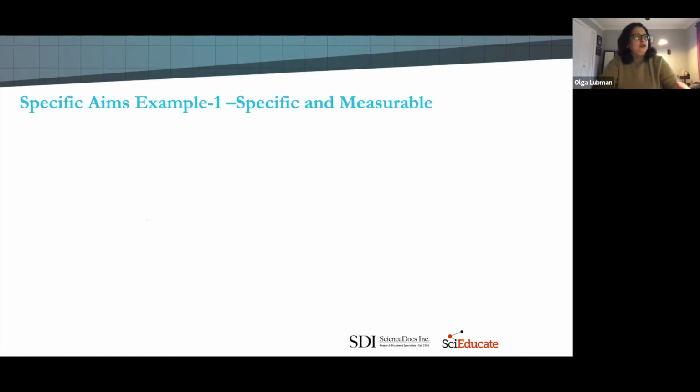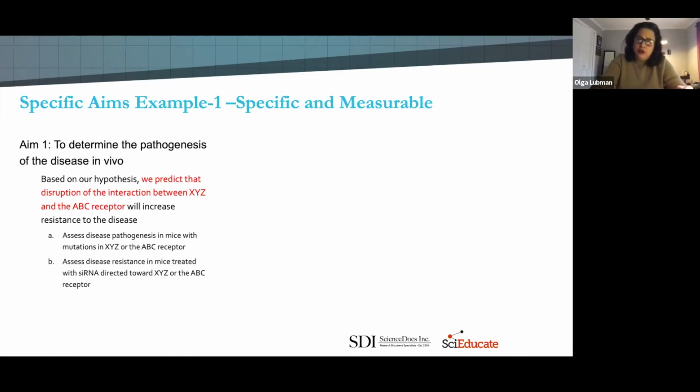So I'd like to give some examples of what I mean by specific and measurable specific aims. Specific aim 1: to determine the pathogenesis of disease in vivo. Based on our hypothesis, we predict that disruption of the interaction between X, Y, and Z and the ABC receptor will increase resistance to the disease.